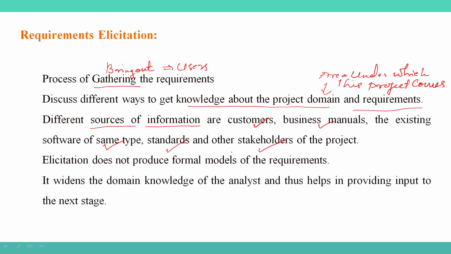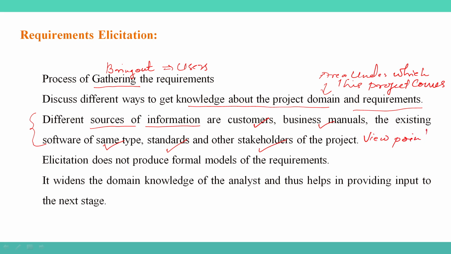So whatever sources of information are available to that particular project, those people have to be contacted to get different information. We call these different viewpoints, because there are so many viewpoints. All these users are called different viewpoints.